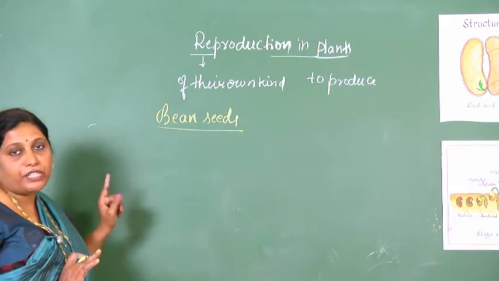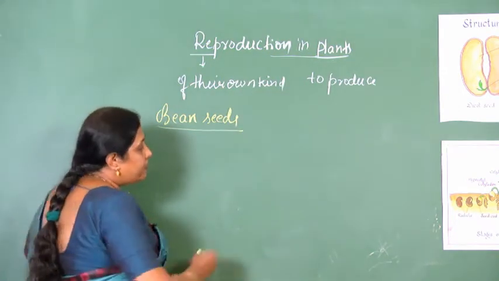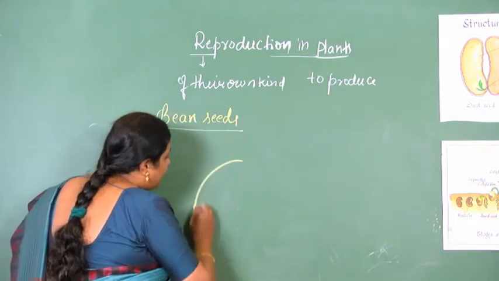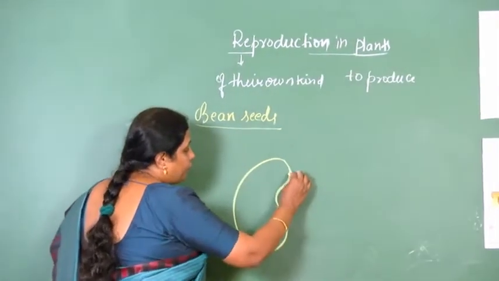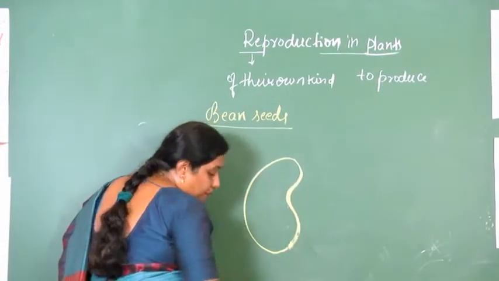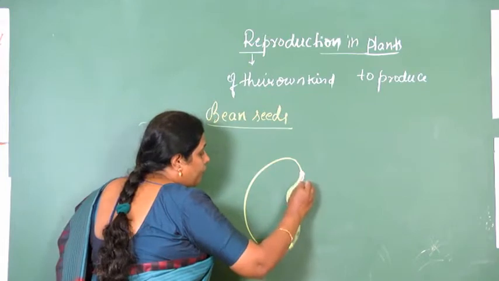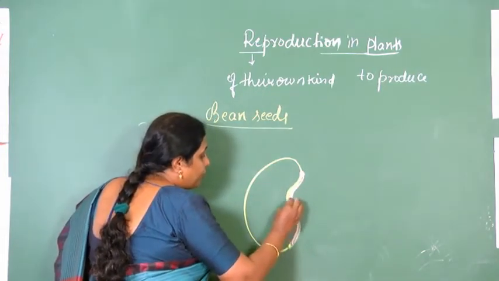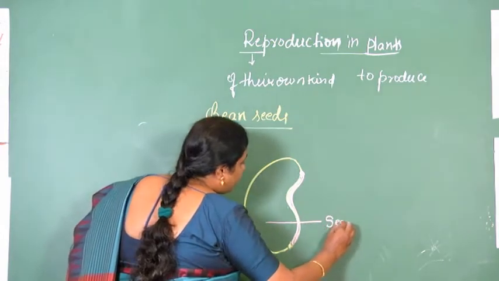So we can study about a bean seed. This is a bean seed. It has a small pore, a darker structure and a harder part. This is called the seed coat.